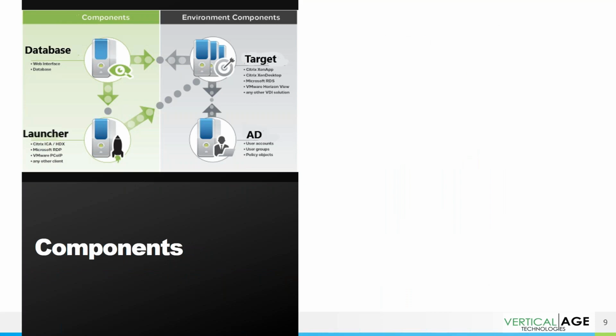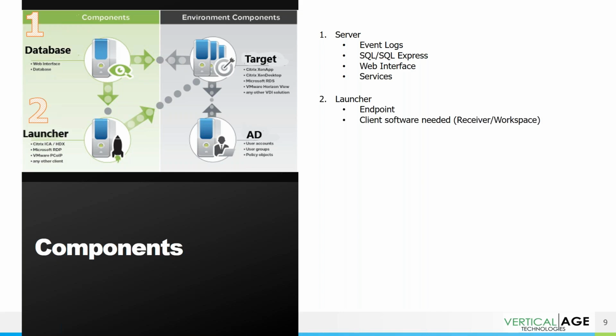There are various different components that make up logon simulators. We'll start with the first one, the server components. This can contain event logs, SQL databases, web interfaces, Windows services, and/or virtual appliances. The second component is the launcher. This is the endpoint where the session is going to be launched from.